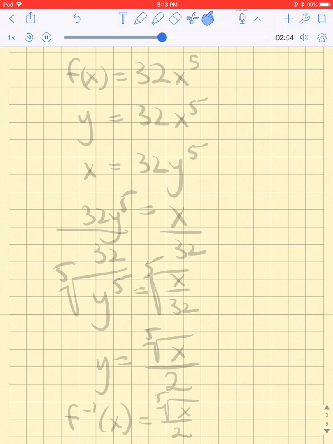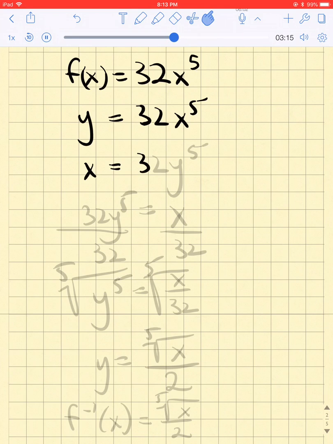This one will be f of x equals 32x to the 5th. Replace f of x with y, and then exchange x and y.